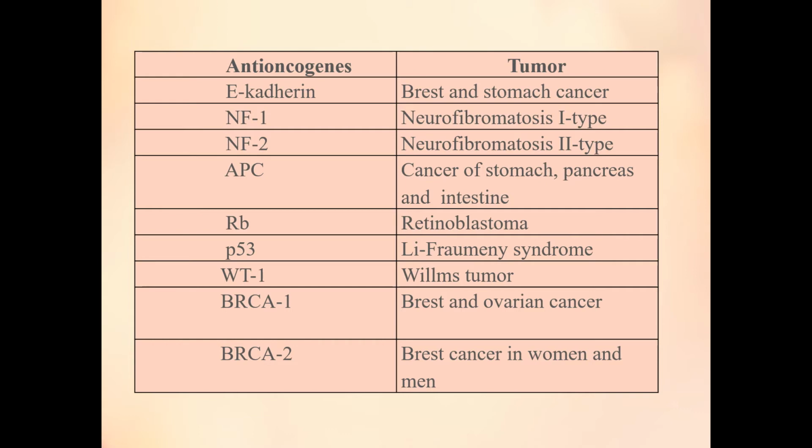Mutation of these genes results in their inactivation and leads to unregulated, unlimited cell proliferation, because in the normal, non-mutated state, they suppress the process of proliferation. To inactivate the anti-oncogene, a mutation of both alleles of the gene is necessary, because all these genes that inhibit cell proliferation are recessive. They are recessive genes.